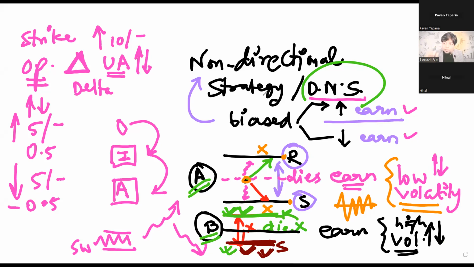There is something big coming, and I don't know whether the market will go up or down, but it is not going to stay where it is. Highly volatile. So delta neutral is a different concept, and volatility is a different concept. When we can tap both of them, we create a super strategy.